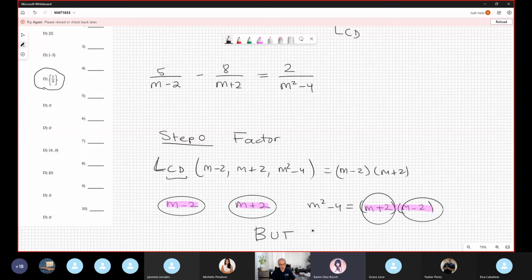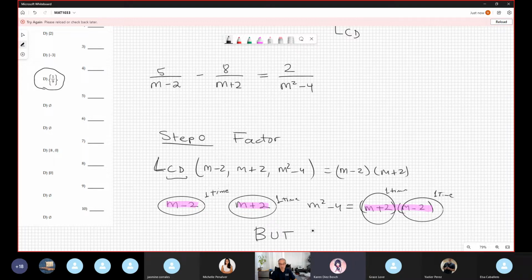So how do you remove the repetition? You take the majority. But in this case, there is no majority, because m minus 2 appears one time here and one time there. So you take one time, not two times.